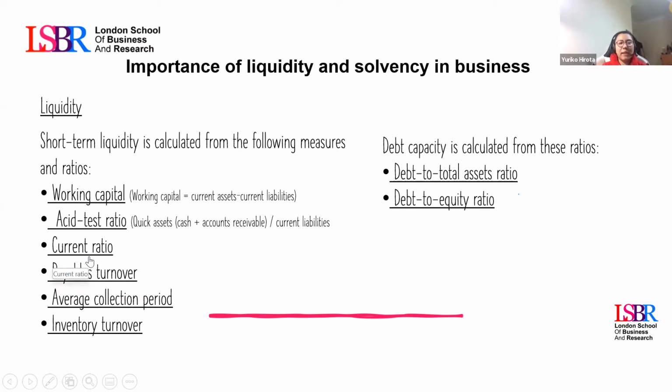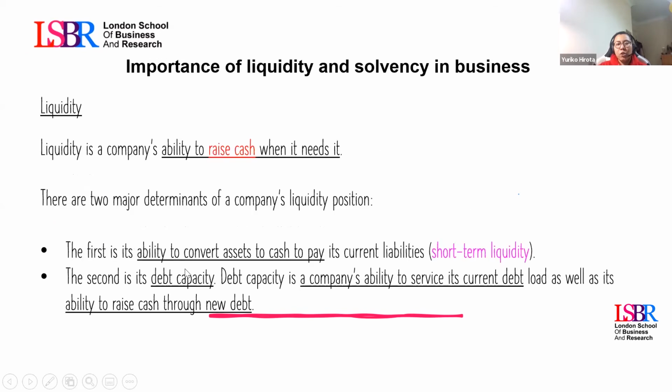For example, short-term liquidity is calculated from the following measures and ratios. We can use those ratios to see if the company has the ability to convert assets to cash.